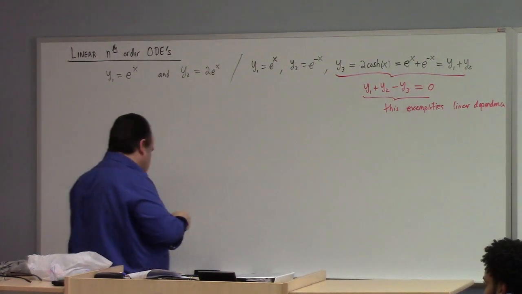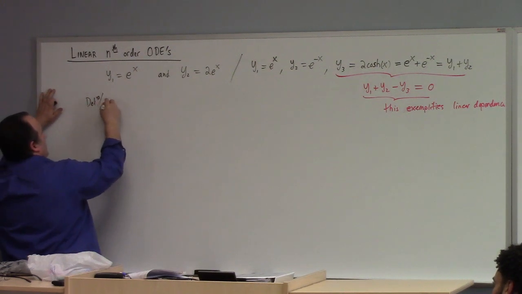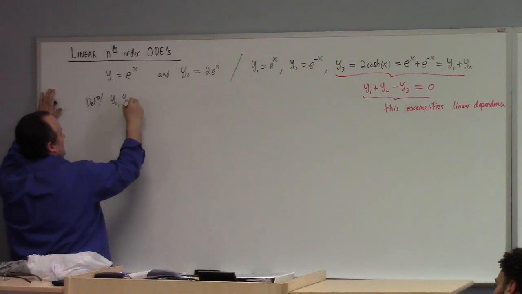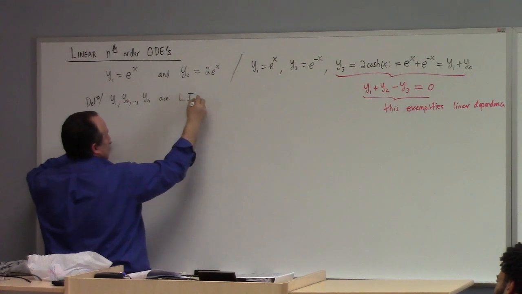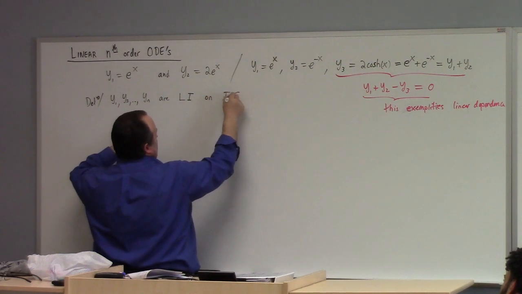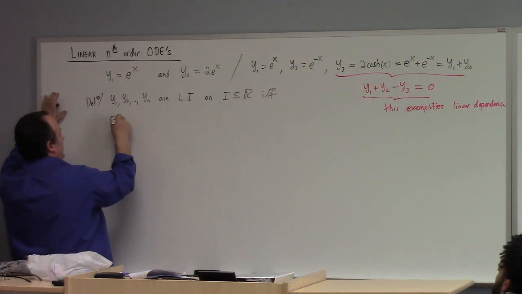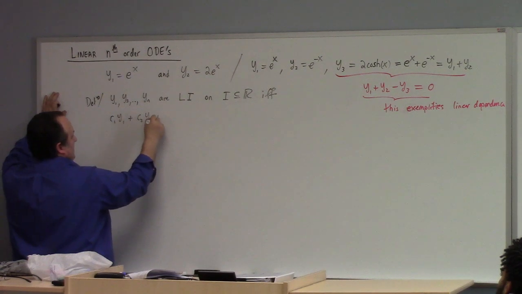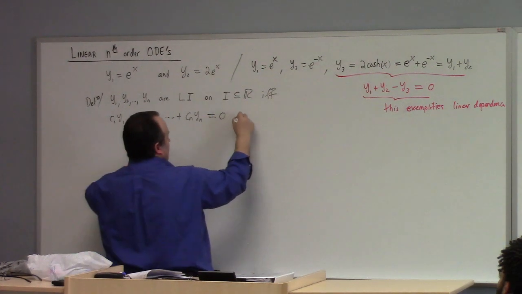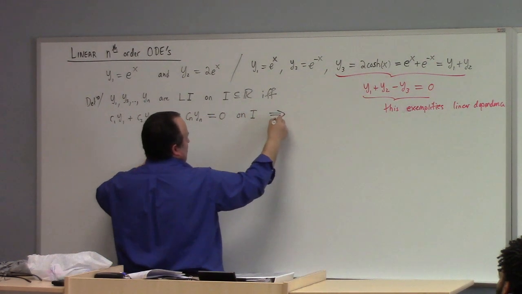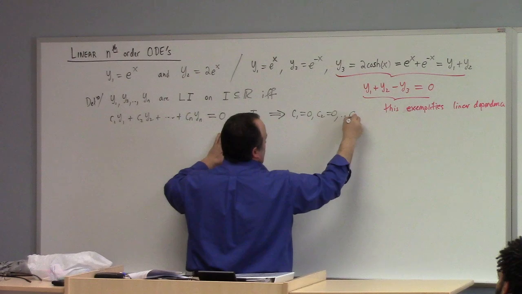So here's the definition. y1, y2, through yn are linearly independent on I, a subset of the reals, if and only if c1y1 plus c2y2 plus through cnyn equals 0 on I implies c1 equals 0, c2 is equal to 0, through cn equals 0.